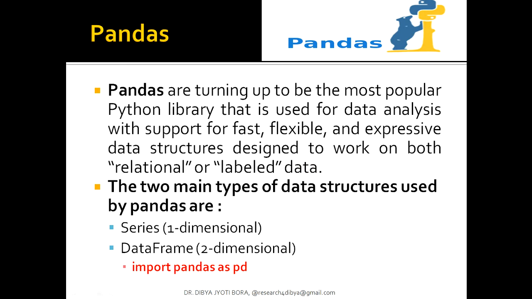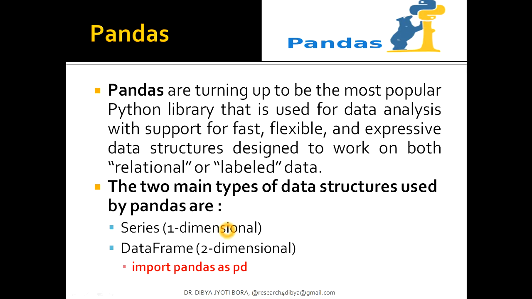Now, in pandas, we generally work with two types of data structures. The first one is series, which is one dimensional. And the second one is data frame, which is two dimensional. These two are the main types of data structure that we use in pandas.